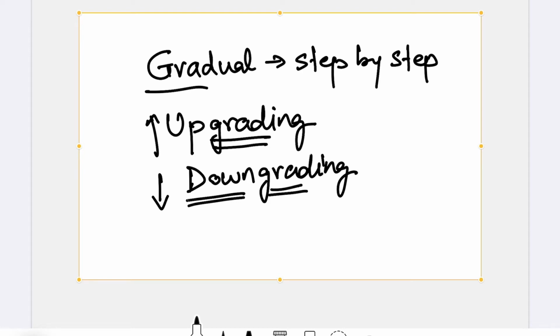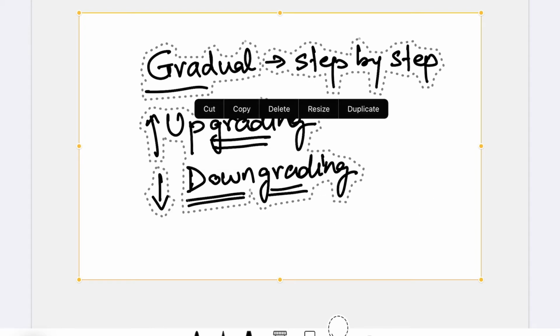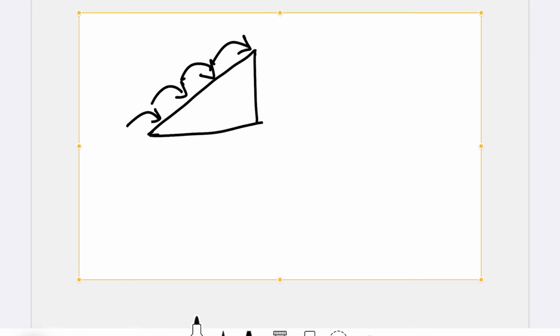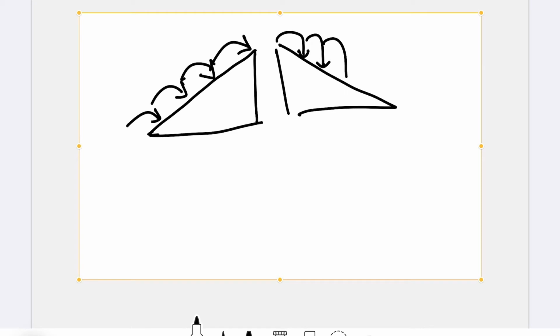Now, another way is this movement can also be a bit slanty. For example, you might have seen stairs. You take one step, then another, and then another, and then you reach the top. Or you may also come downwards, but your movement is slanty, all the way to the bottom.